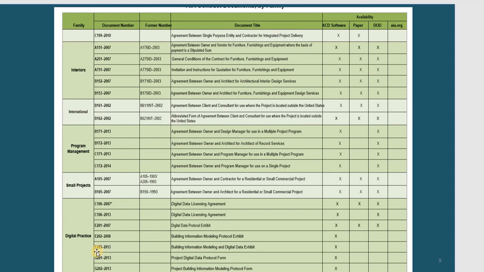For example, you have E203-2013, which is the Building Information Modeling and Digital Data Exhibit. Each form has a different contract, and of course different people to sign together. So we need to focus on that, and depending on whether it is a small project or the program, we can figure out the form you need to submit.